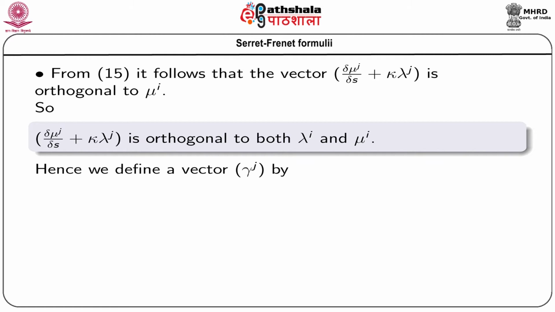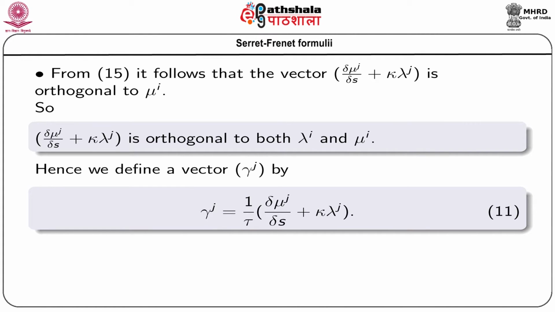Hence, there exists a vector which is orthogonal to both λ^i and μ^i, and we consider that vector whose components are γ^j.